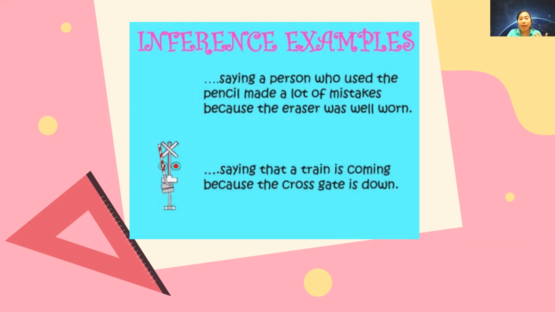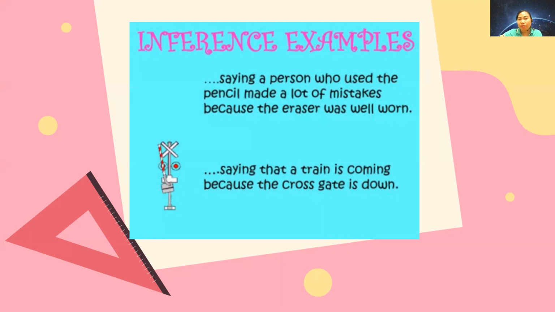Also, in the traffic light, we can infer. In the traffic lights there are the green, the yellow, and the red. If you saw a green, that indicates that you need to go. That is the indication, you infer go. And if you saw orange or yellow, that means that you need to slow down, okay?